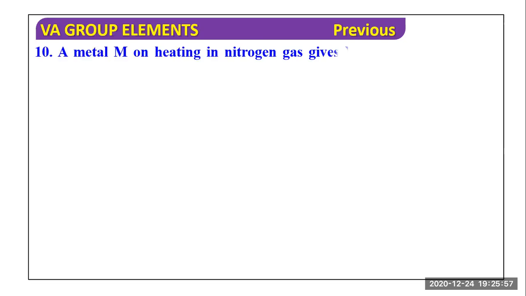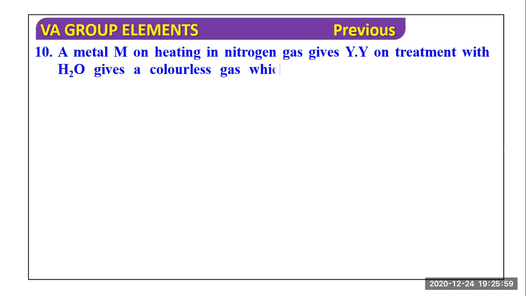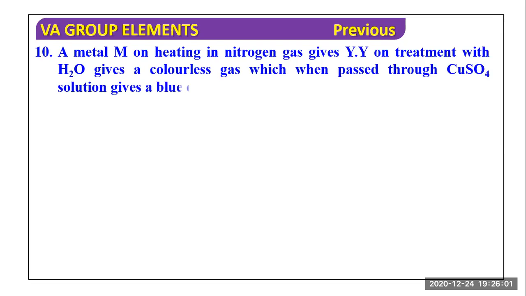Question 10. A metal M on heating in nitrogen gas gives Y, and Y on treatment with H2O gives a colorless gas which, when passed through copper sulfate solution, gives a blue color.